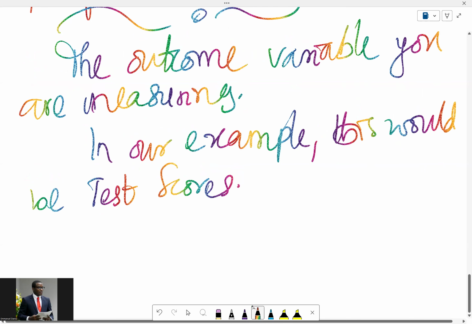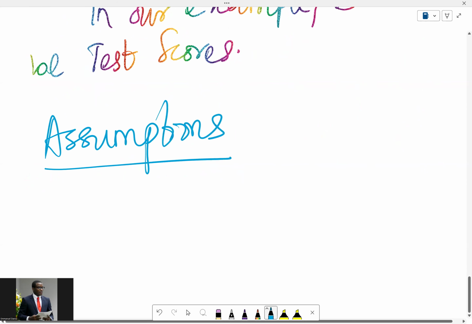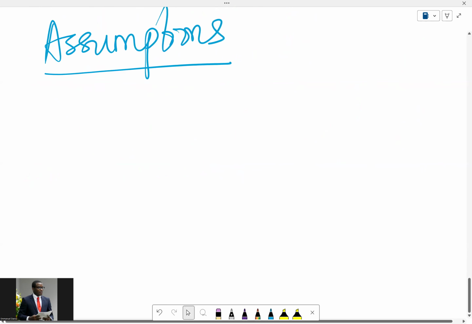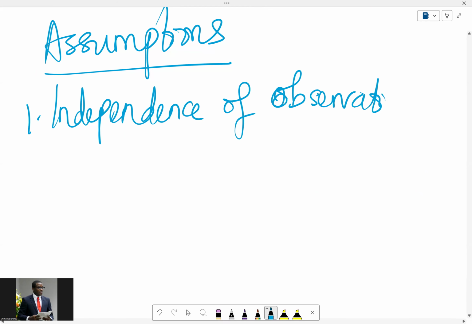Okay. Now let's talk about some assumptions of two-way ANOVA. One assumption is the independence of observations. We assume the observations are independent.